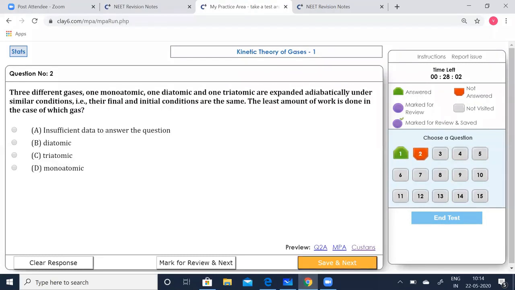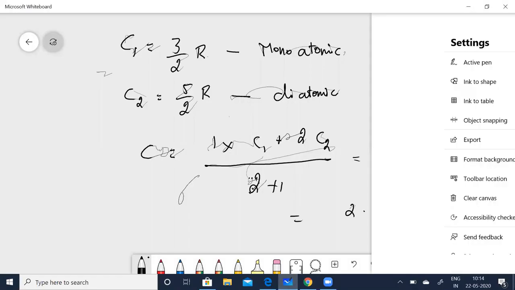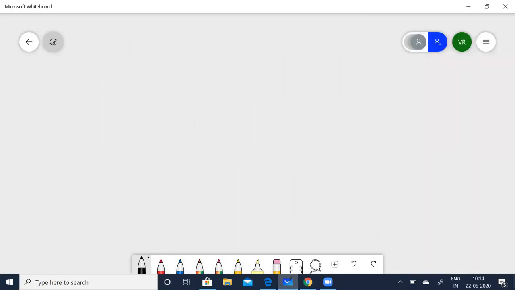Go to the next. 3 different gases, 1 monoatomic, 1 diatomic, and 1 triatomic, are expanded adiabatically under similar conditions. Their final and initial conditions are the same. The least amount of work is done in the case of which gas? All right. Let us quickly draw the graph and see.